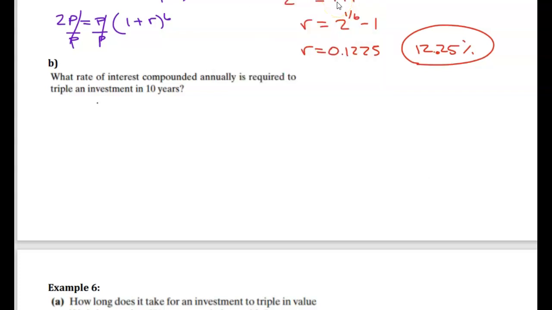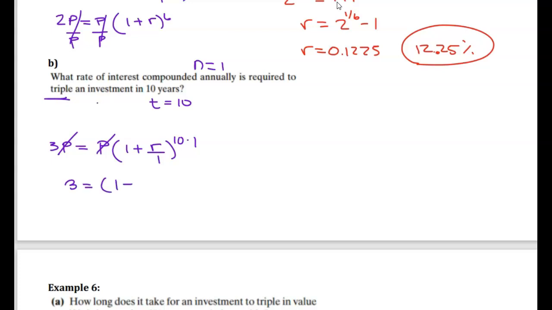What rate of interest compounded annually, and n is 1, is required to triple an investment in 10 years? We have our principal, and we want to triple it, so the amount needs to be 3P. 1 plus the rate over 1, to the 10 times 1. Divide both sides by P. So we have the equation 3 equals 1 plus r to the 10.